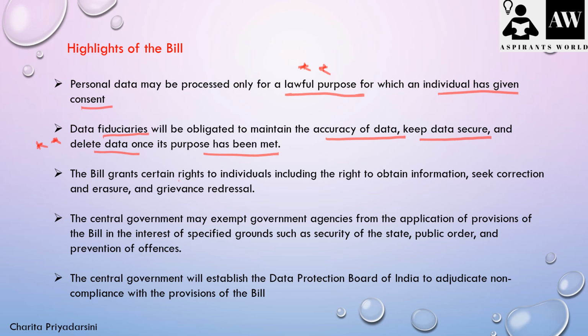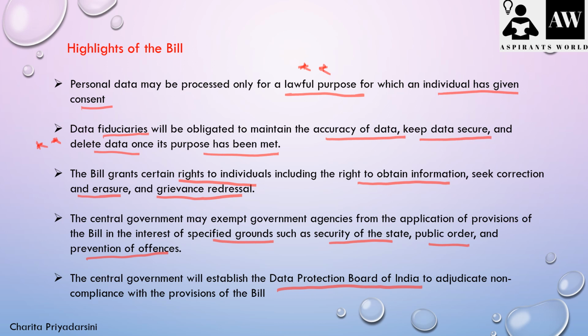The bill grants certain rights to individuals, including the right to obtain information, seek correction and erasure, and grievance redressal. The central government may exempt government agencies from the application of the provisions of the bill in the interest of specified grounds such as security of the state, public order, and the prevention of offences.